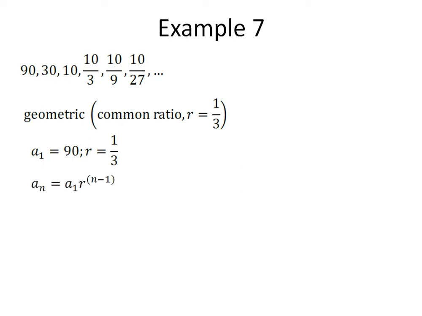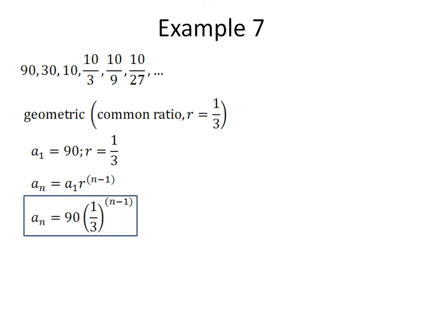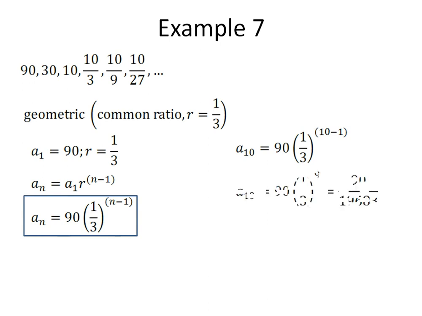So we put it into our formula that tells us a sub n is equal to a sub 1 times the ratio raised to the n minus 1 power. So this gives us a sub n is equal to 90 times 1/3 raised to the n minus 1. Okay, now we need to find the value of the 10th term. So the 10th term is going to be represented by a sub 10 is equal to 90 times 1/3 raised to the 10 minus 1.